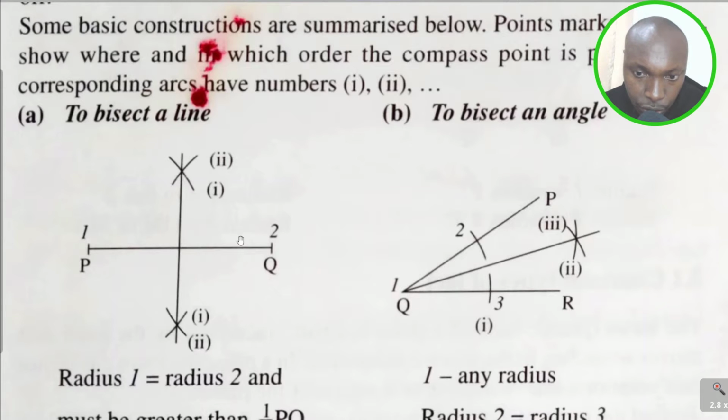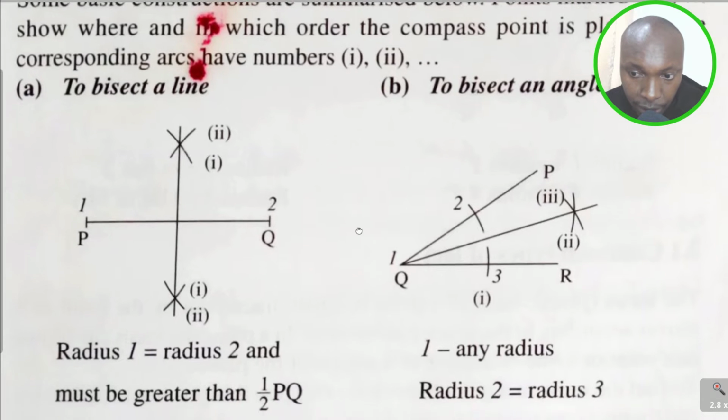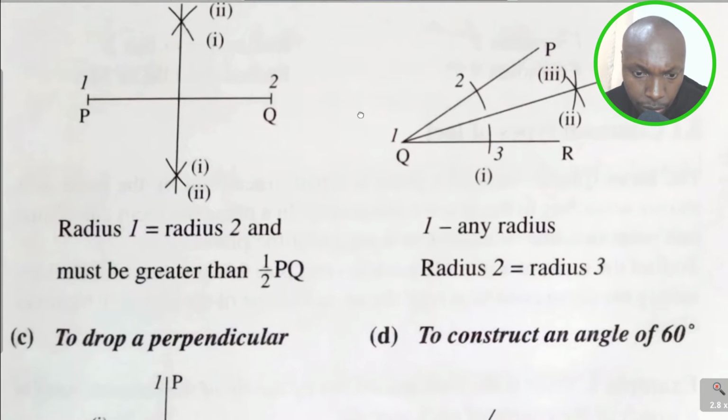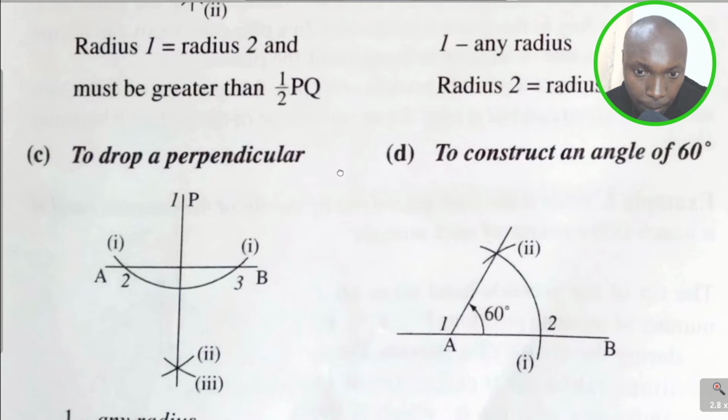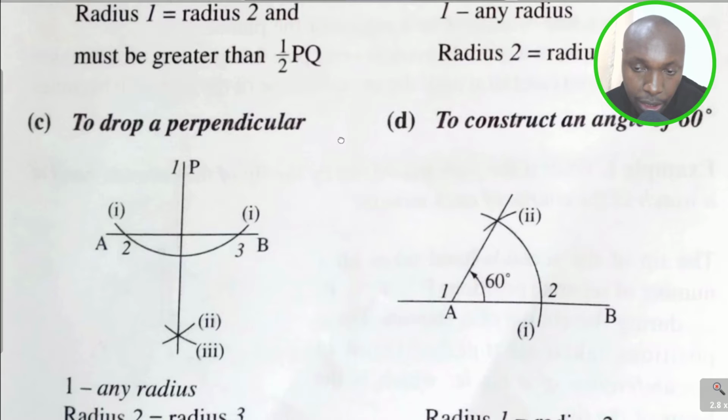Then another thing that you need to know is how to bisect an angle. That is part B. Look at that also. Then another thing I want you to look at is how to drop a perpendicular from a given point. That is also very important. Then another one that is very important, and we use this in constructing most of the angles, is the construction of an angle of 60 degrees, because it is from this angle that we get 30, 15, 75, and so many others.